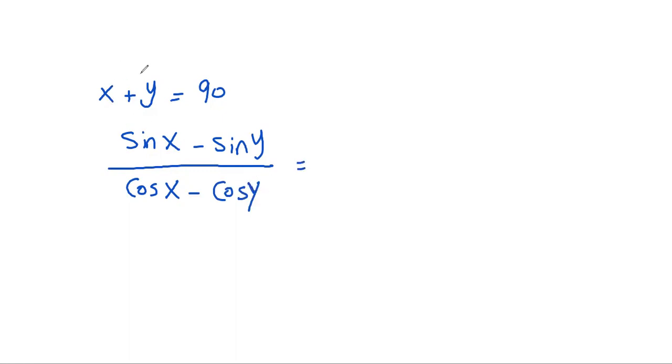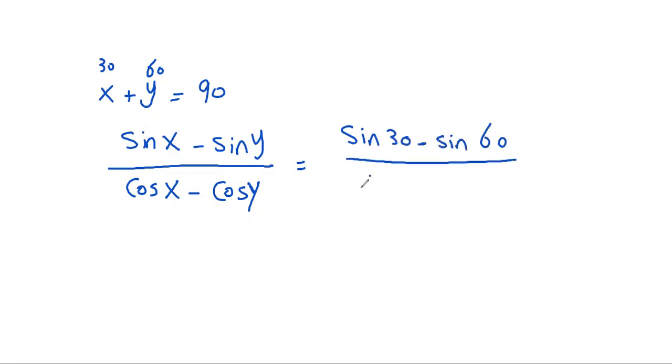Equals what? You know, they are two angles that add up to 90. We can take two angles that equal 90 and substitute two easy angles like 30 and 60, and find sine 30 minus sine 60 over cosine 30 minus cosine 60.